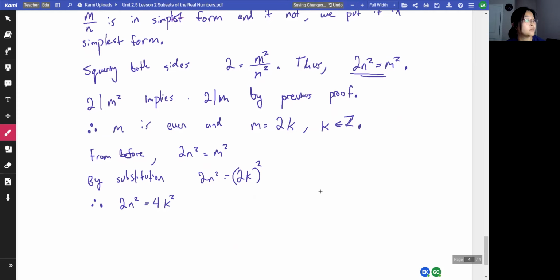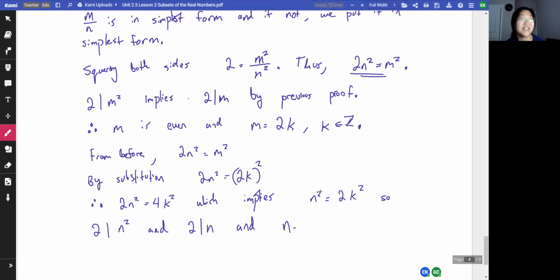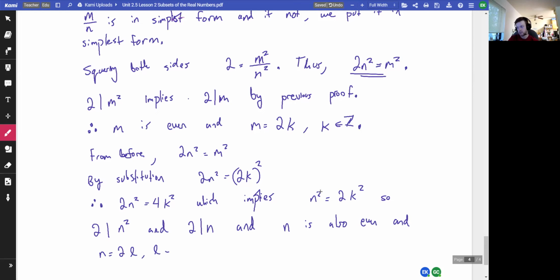Which is, if you divide both sides by 2, then you get N squared equals 2K squared, which means that 2 divides N squared, thus 2 divides N. So now we have even and even for both M and N. And N is also even, and N is equal to 2 times L, where L is an integer.